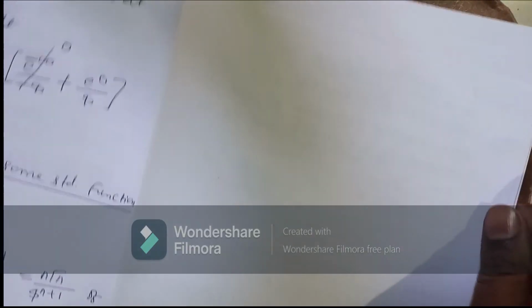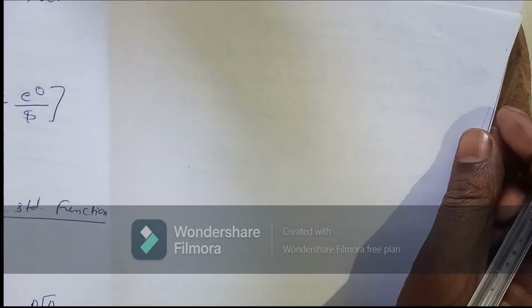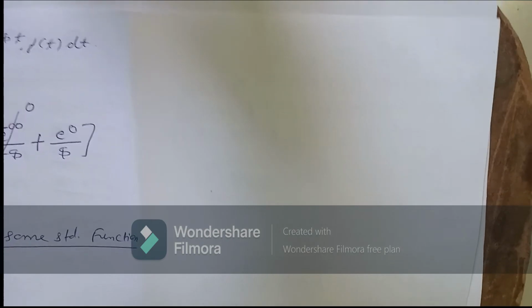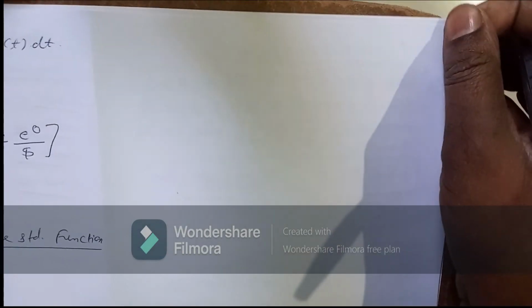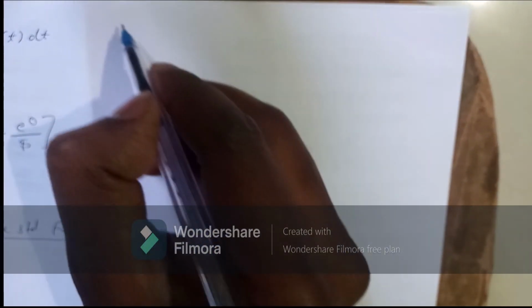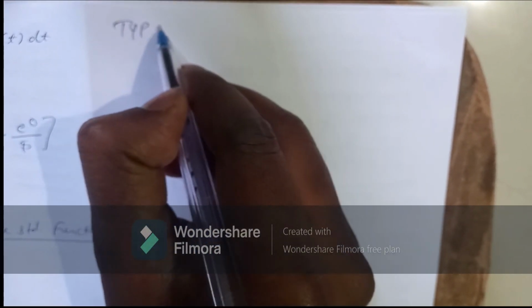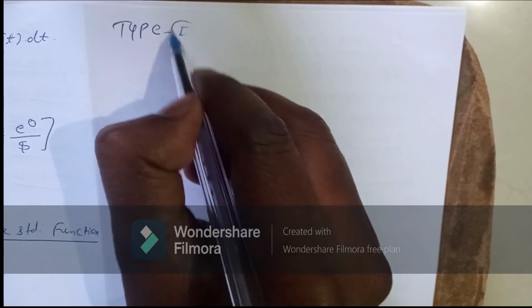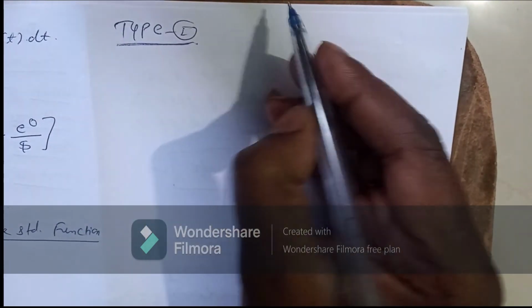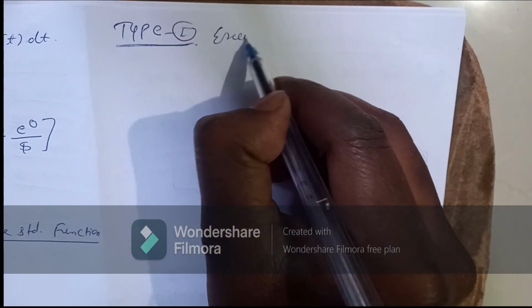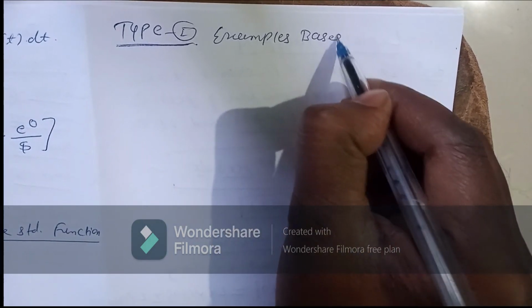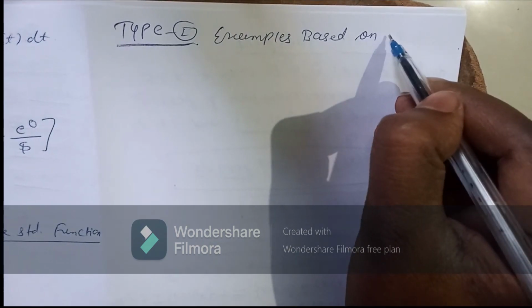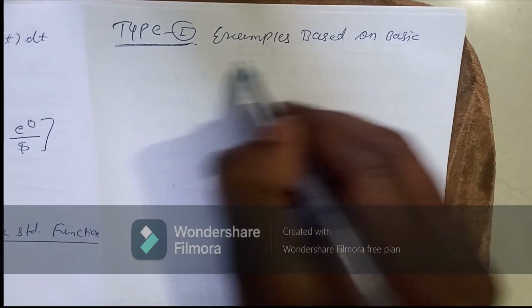Now let us try to solve some examples on these particular formulas. Type number 1, examples based on basic formulas.